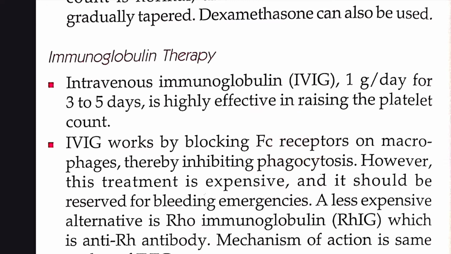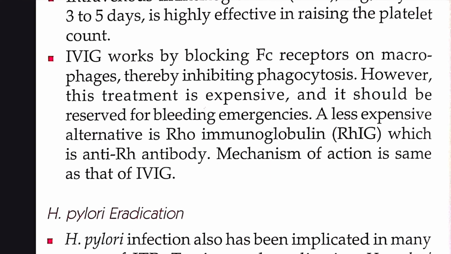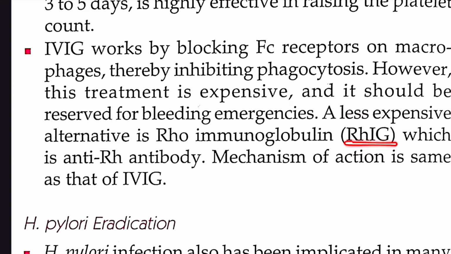However, this treatment is expensive and it should be reserved for bleeding emergencies. A less expensive alternative is Rho immunoglobulin, that is RhIG, which is anti-Rh antibody. Mechanism of action is the same as that of IVIG.